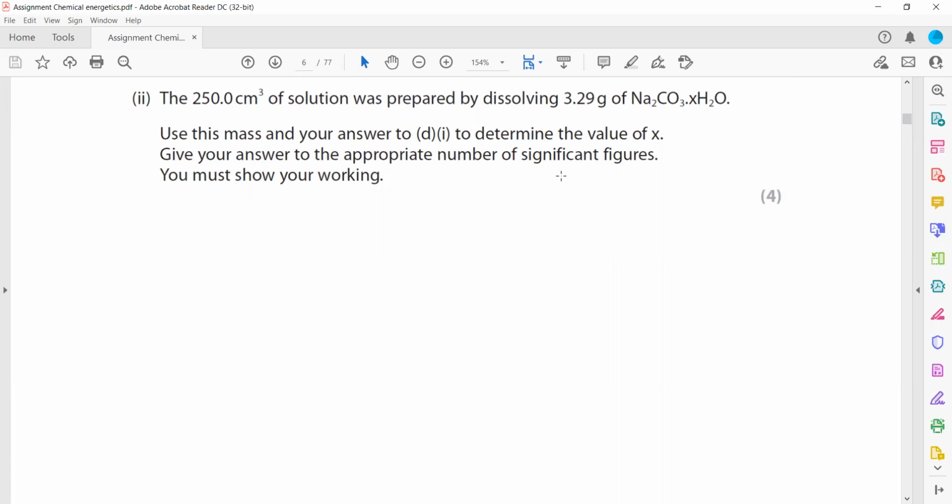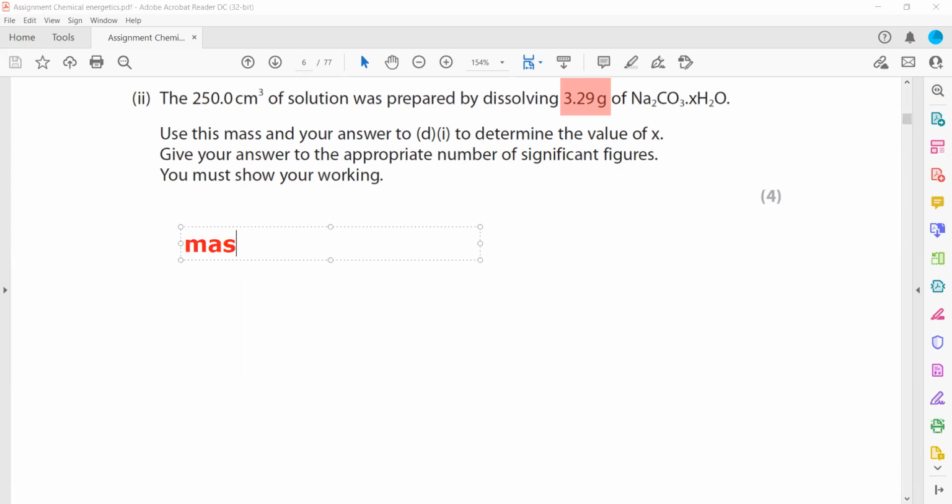Then 250 cm³ of solution was prepared by dissolving 3.29 gram of hydrated sodium carbonate. Use the mass and your answer to D1 to get the value of X. We already know the moles of sodium carbonate from the previous part, and 3.29 gram is the total mass. So first we'll find the mass of sodium carbonate and subtract it from the total mass of the hydrated sample, so we'll know how much water there is.